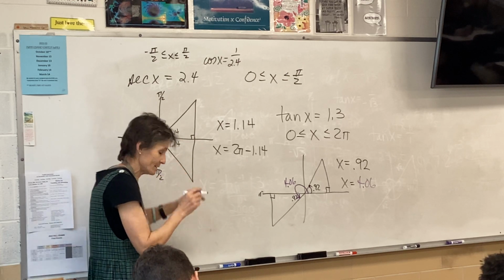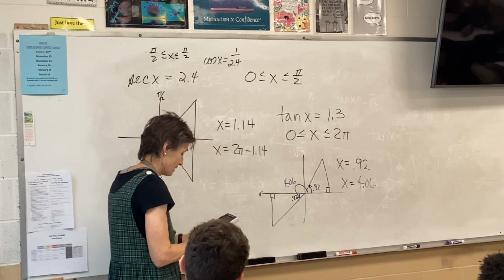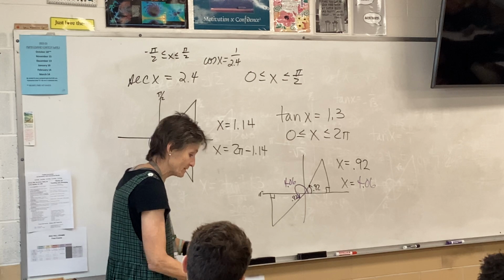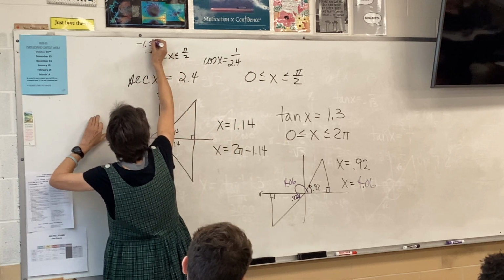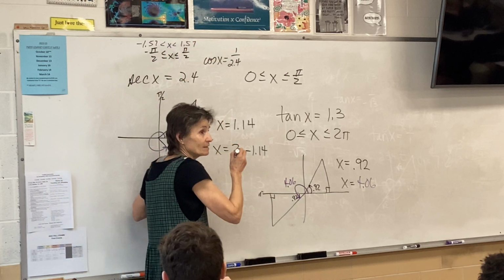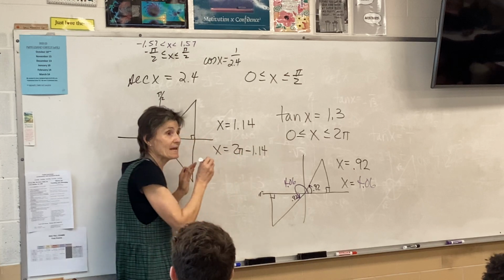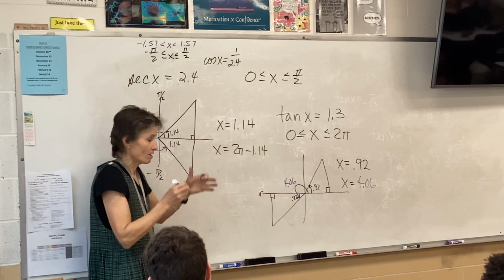The problem is, my domain, in terms of decimals, is negative 1.57 to positive 1.57. Which means any answer I give has to be in there.